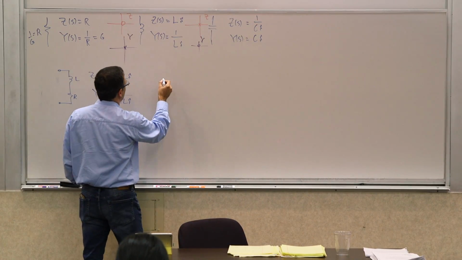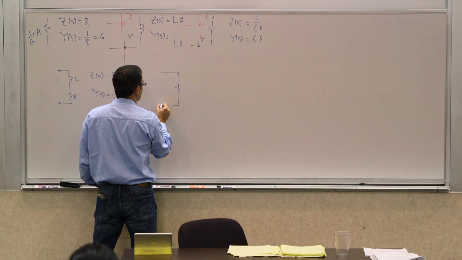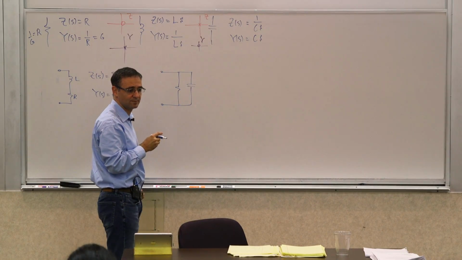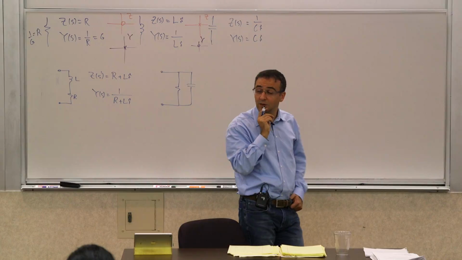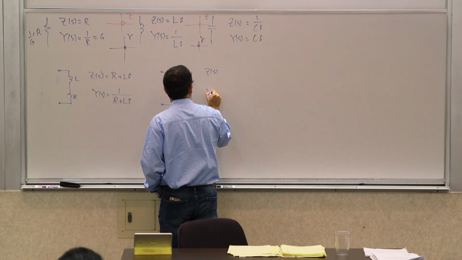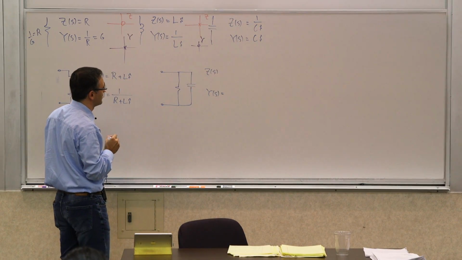And how about a parallel combination of a resistor and a capacitor? What do you get from that? Let's start with the admittance. That's probably easier to calculate. What form does the admittance have?